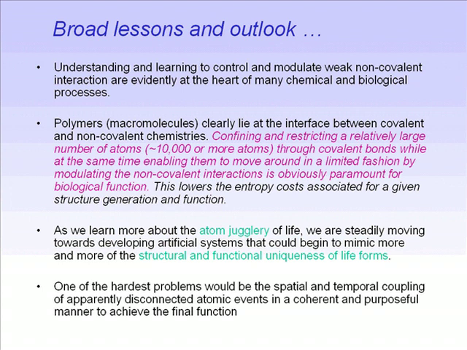The entropy cost to bring such a large number of atoms together in a particular spatial disposition is very high. The way nature compensates for that is to tie down these atoms along a polymer chain, giving it adequate mobility to reorganize, at the same time reducing the entropy costs in bringing such a large number of atoms to perform a stable function. So it's an interesting way.